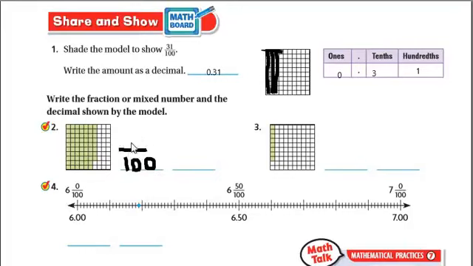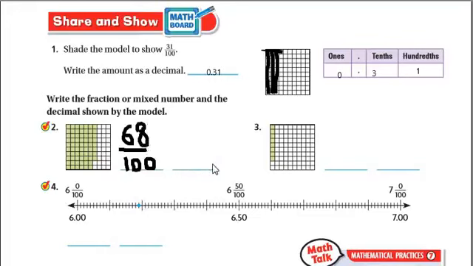Okay, what about the numerator, the shaded parts? 10, let's count. 10, 20, 30, 40, 50, 60, okay, 68. This is 68. Okay, this is 68 out of 100. So this is the fractional form.